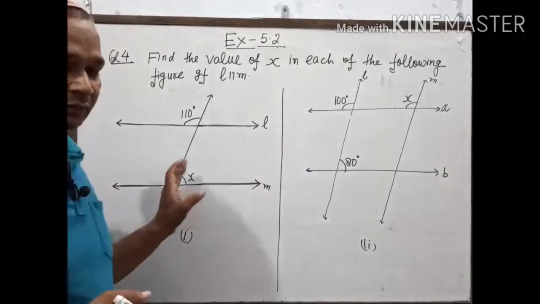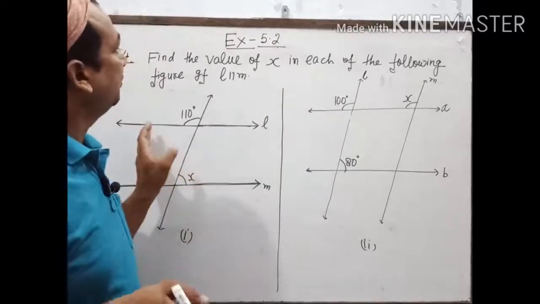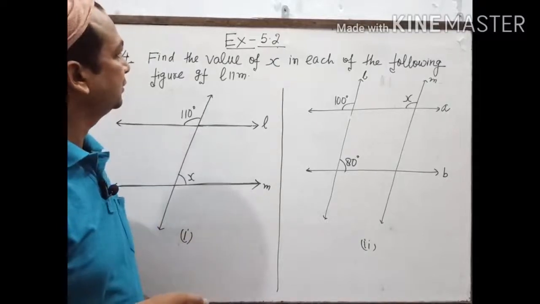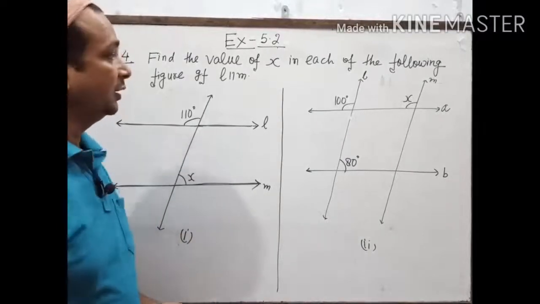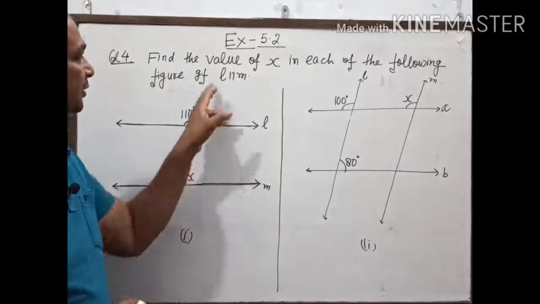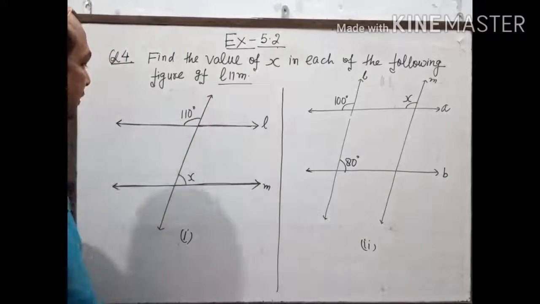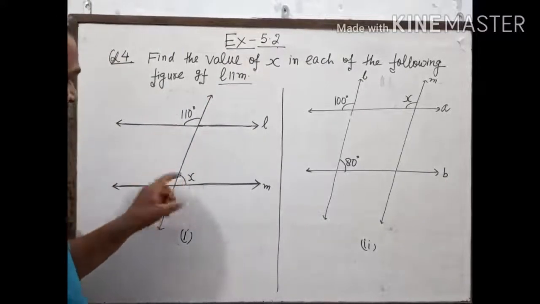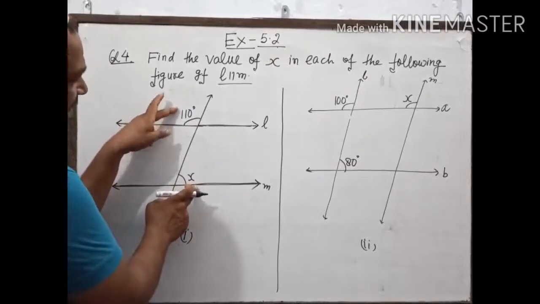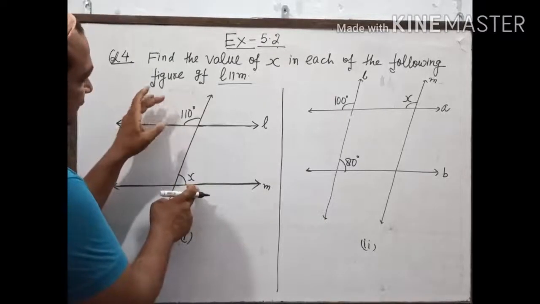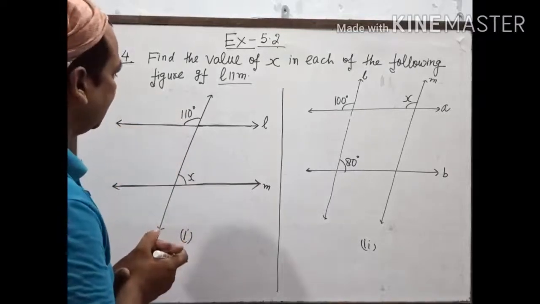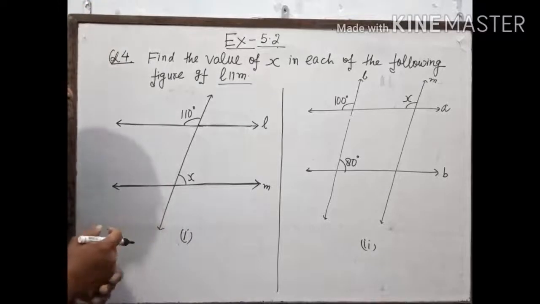It means we can use the properties of corresponding angles, alternate interior angles and co-interior angles, because these lines are clearly given as parallel. Here if we observe 110 and x, these are neither co-interior, nor alternate interior, nor corresponding angles. Then how can we solve this?